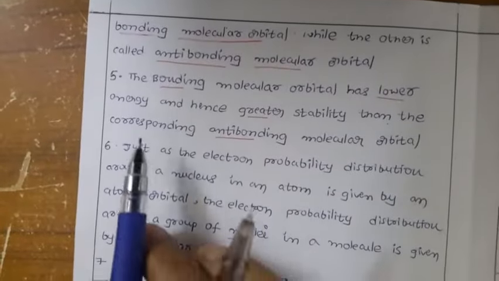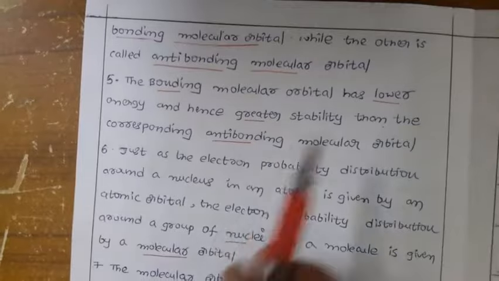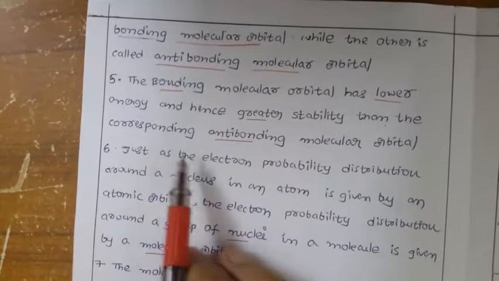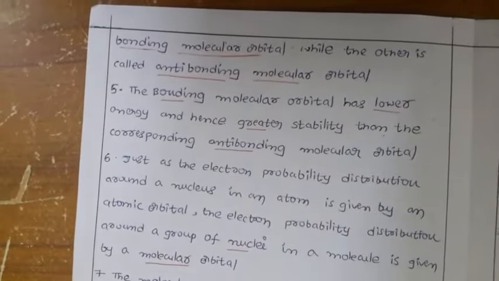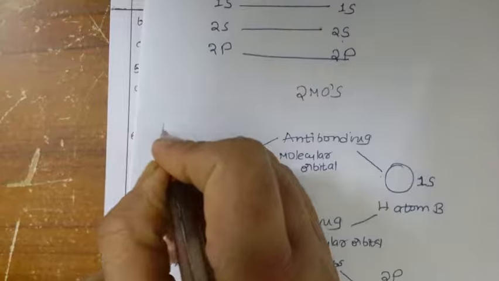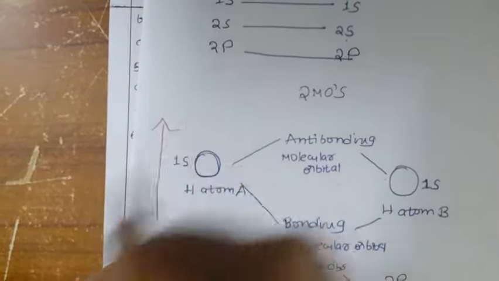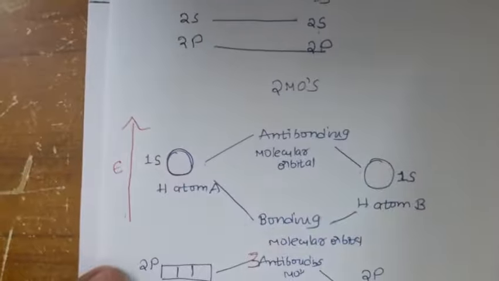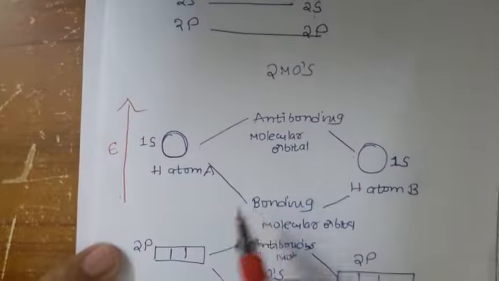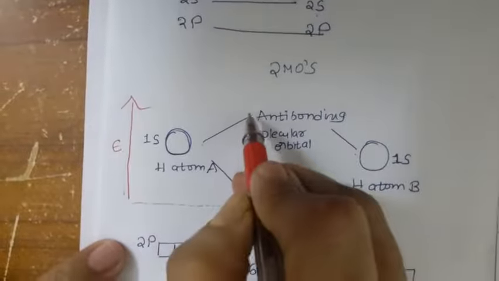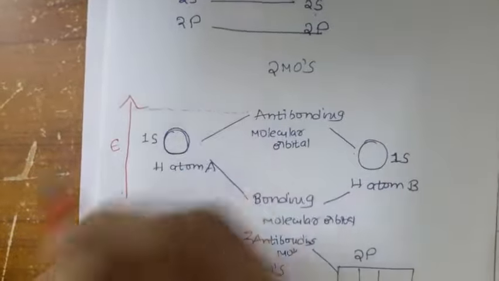Next, the bonding molecular orbital has lower energy and hence greater stability than the corresponding anti-bonding molecular orbital. What is the meaning of that? In the energy profile diagram, with the arrow marking energy, energy increases upward. The bonding molecular orbital has less energy and the anti-bonding molecular orbital has more energy.